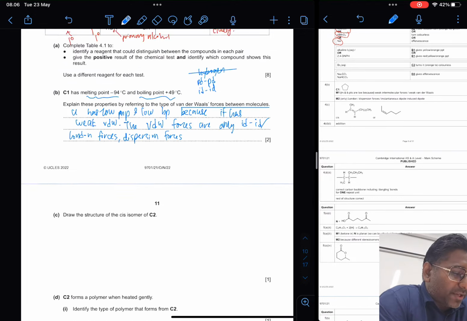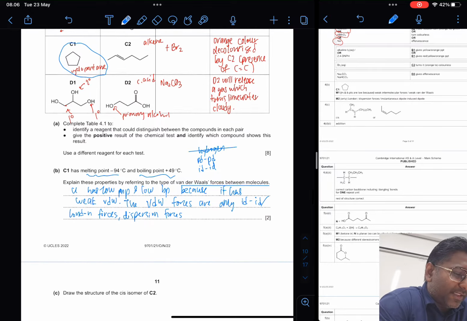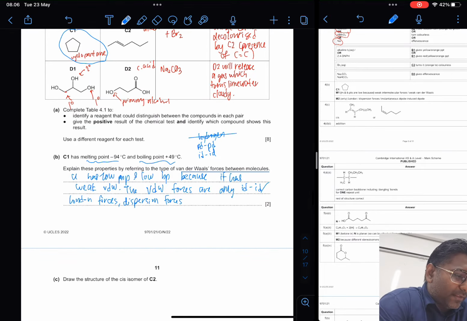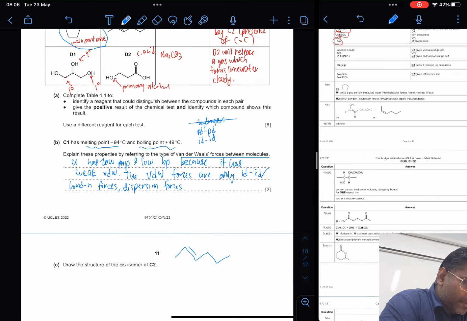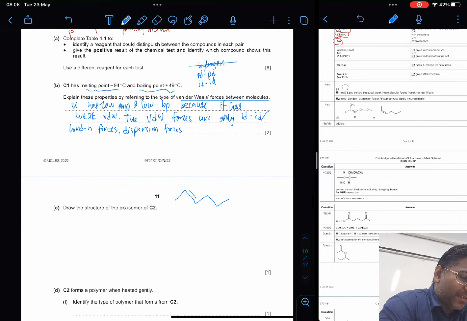Draw the structure of the cis isomer of C2. Here they have given it like this. You want the cis isomer, so you can either use skeletal formula or display formula, up to you.